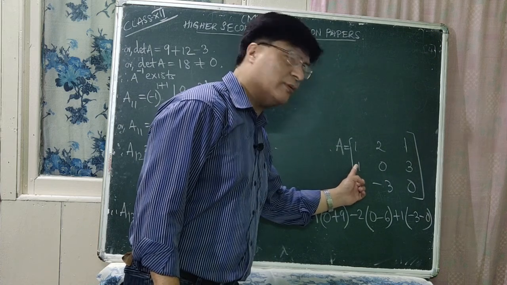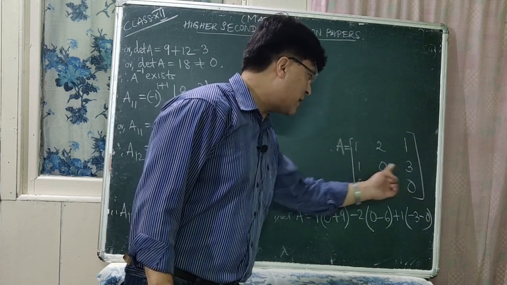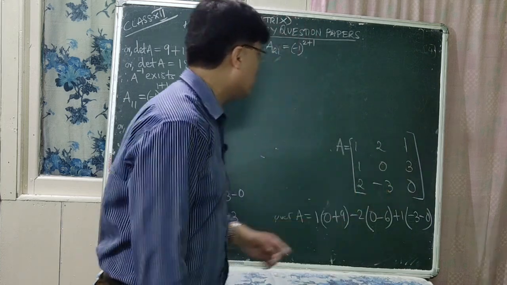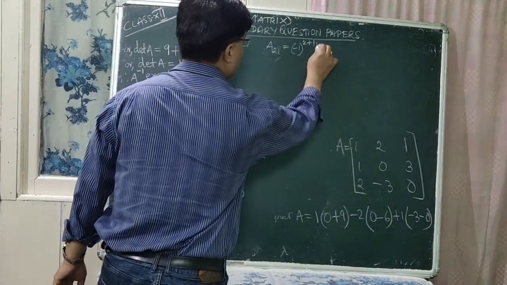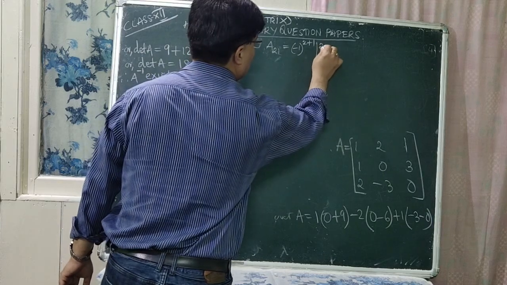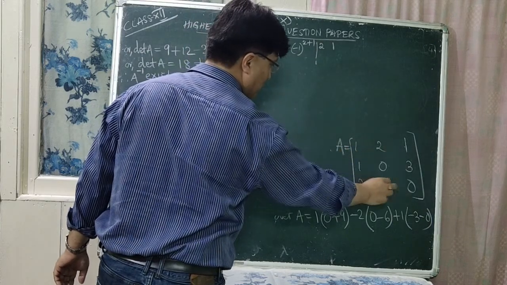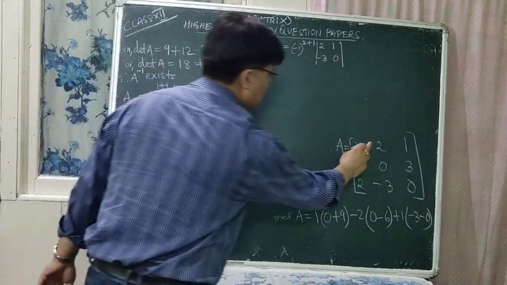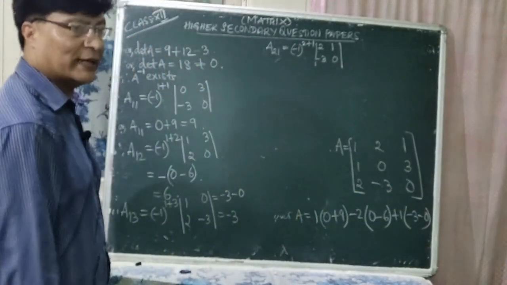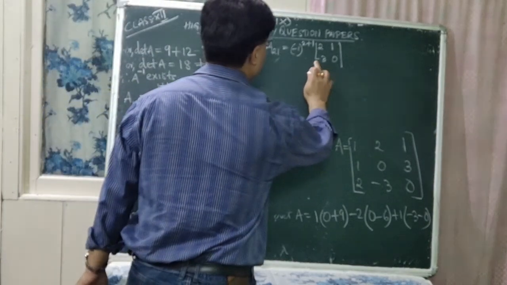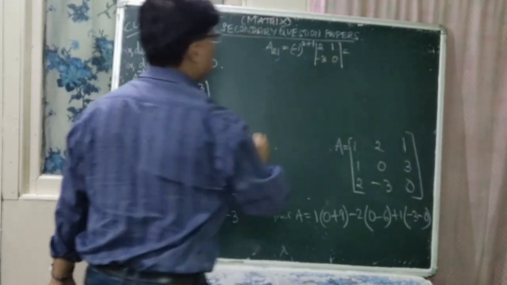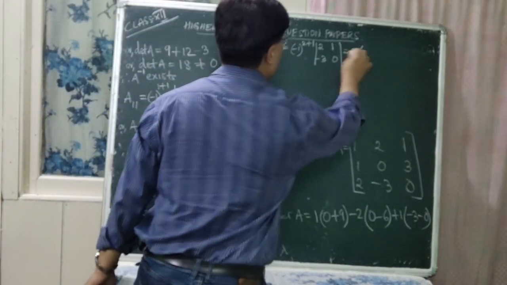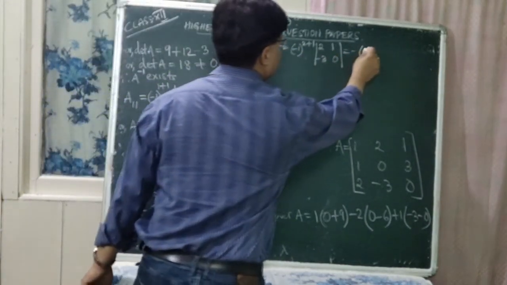So delete the row and the column through the element 1. Second row and first column are deleted. What remains? 2, 1, minus 3, 0. Which is equal to, what is minus 1 whole cube? That is your minus. Minus within bracket, 2 zeros are 0.